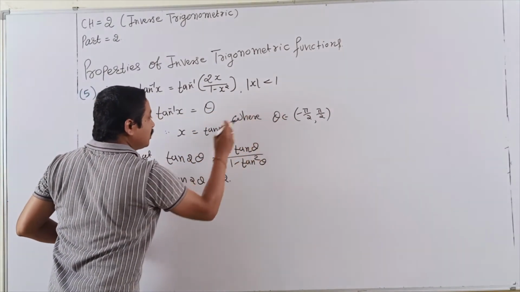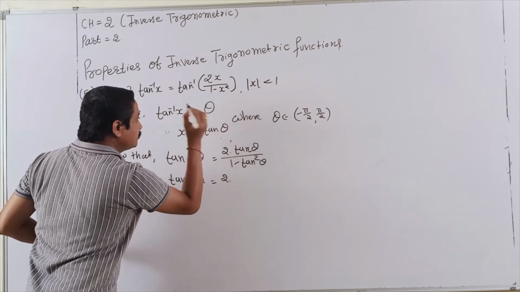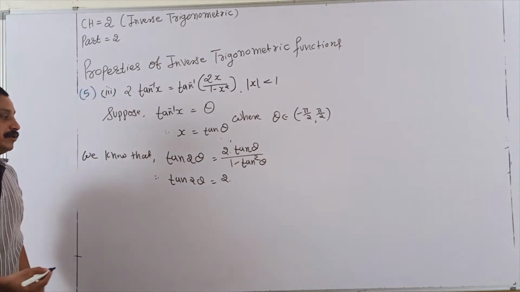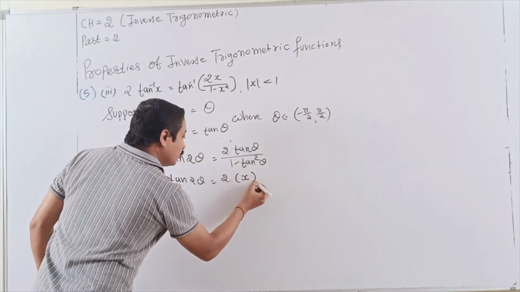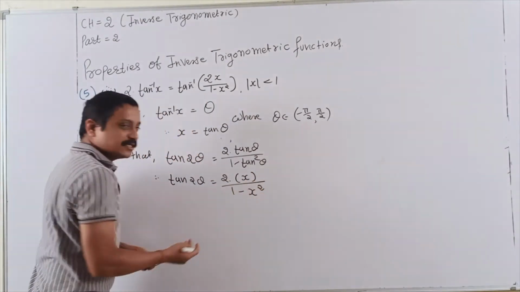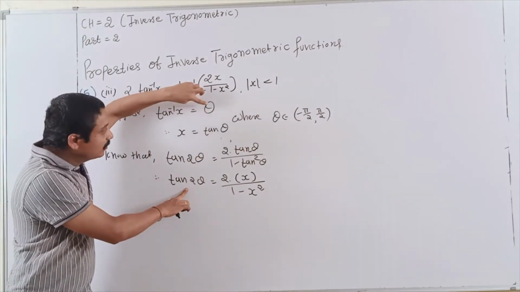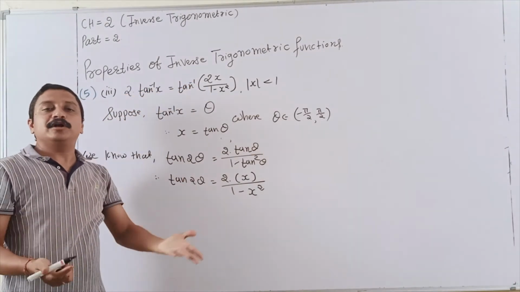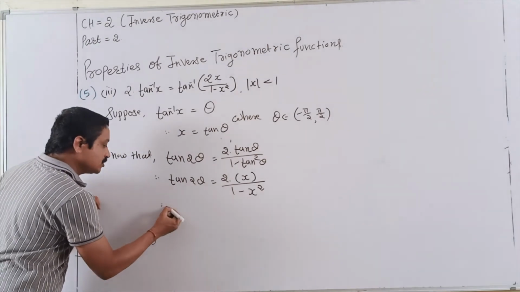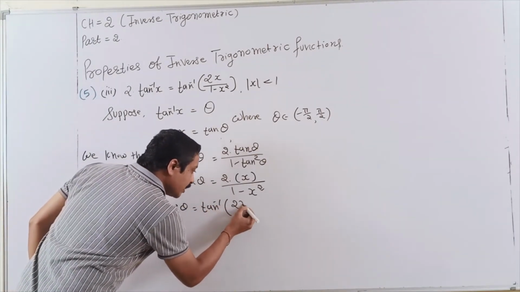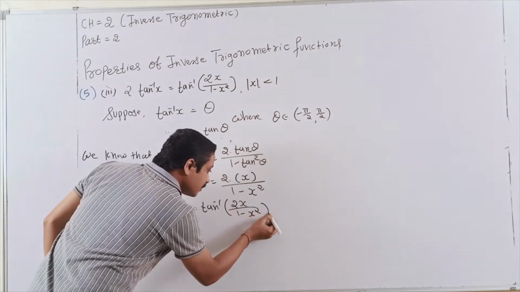Then you also know that x is equal to tan theta, and putting that value, tan theta is x only, and 1 minus x square. Students, assume theta as y, then the property is putting y. So what is the 2 theta? Tan inverse of 2x by (1 minus x square).